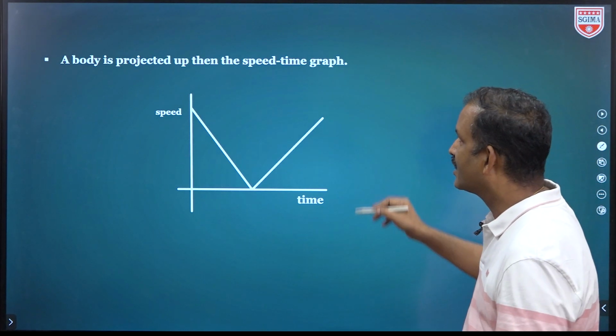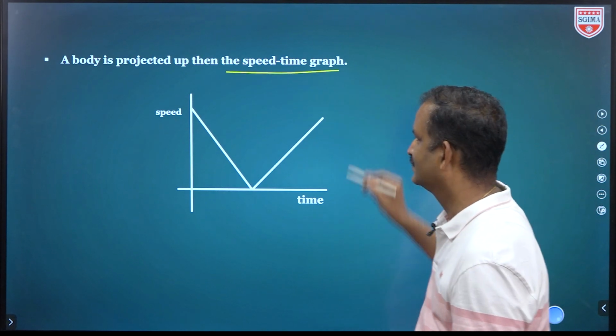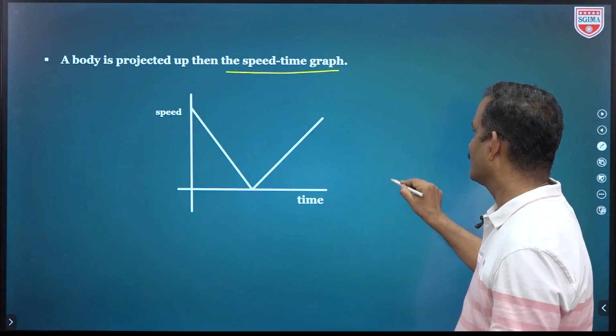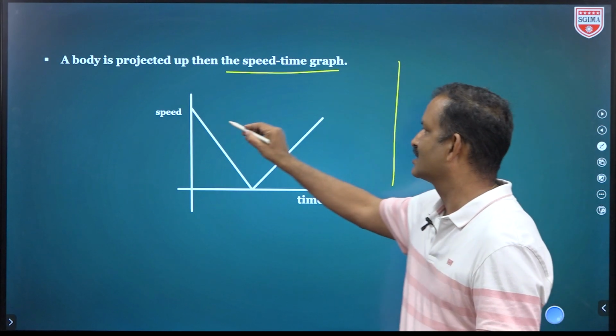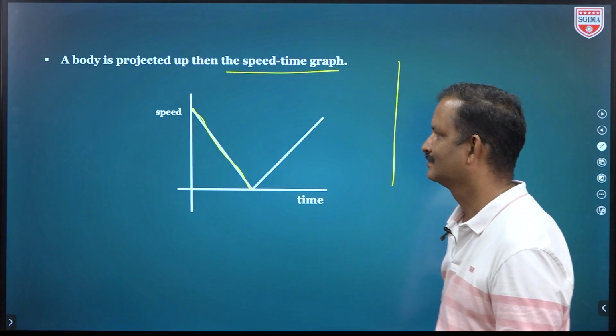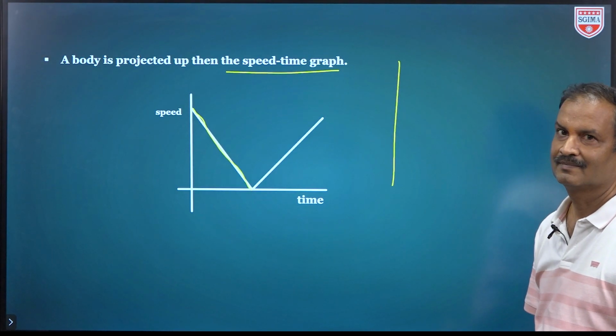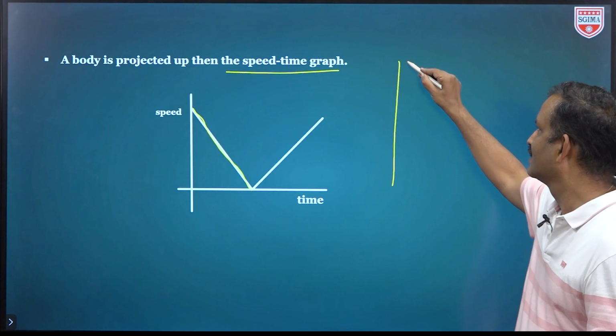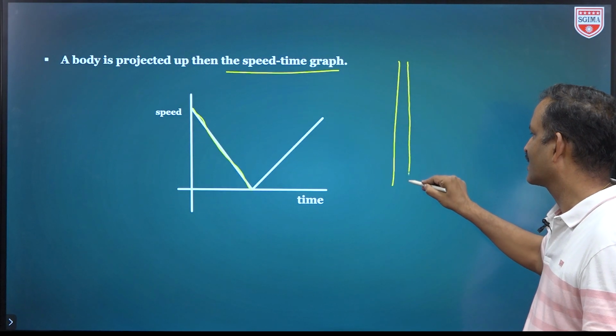If your body is projected up, then the speed time graph: projected up means first speed decreases uniformly, but after that, speed increases, with reverse direction.